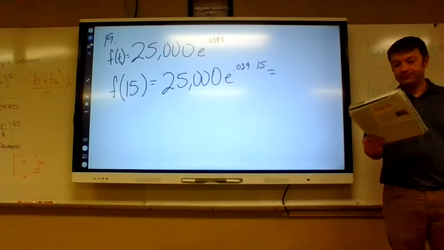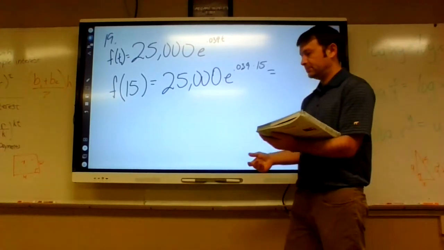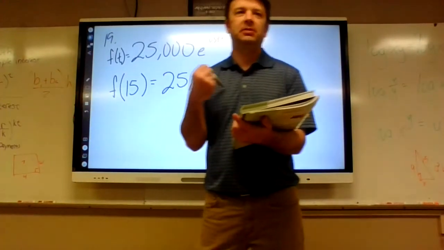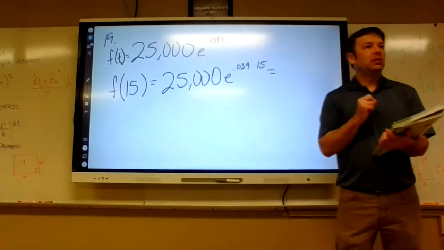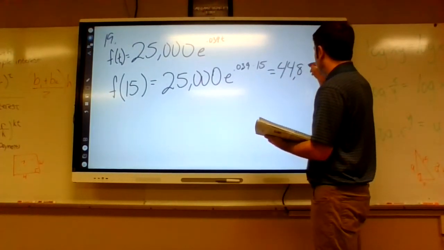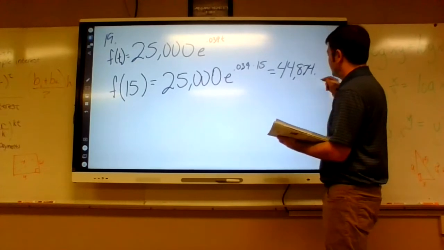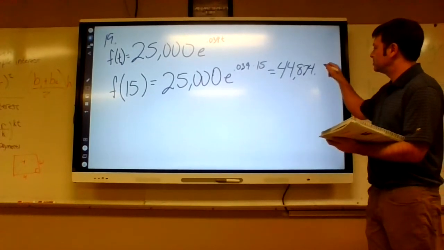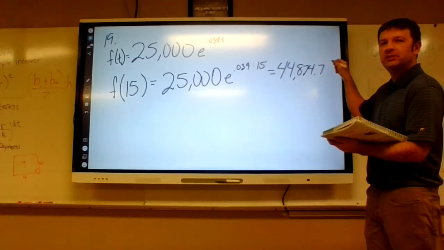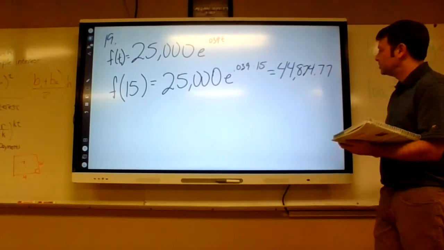What do we get? I got 44,874.77. Okay, we're talking about money, so where should we probably round it to? The hundredths place, so 44,874.77.